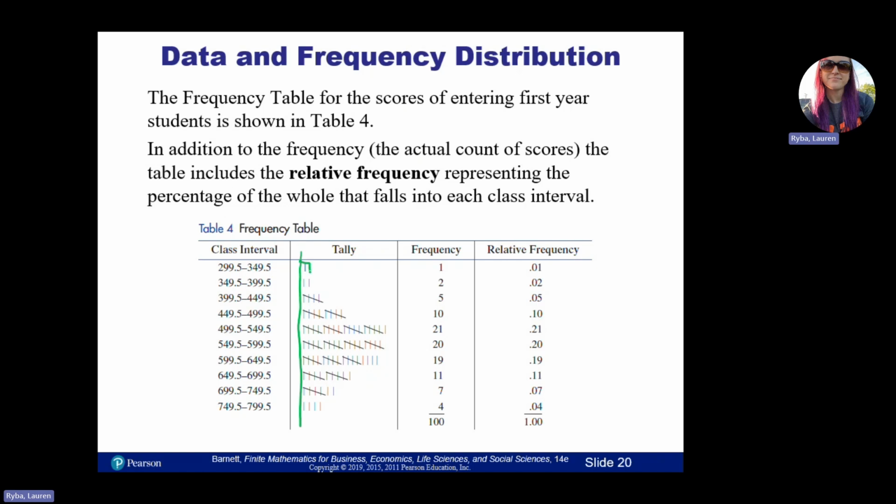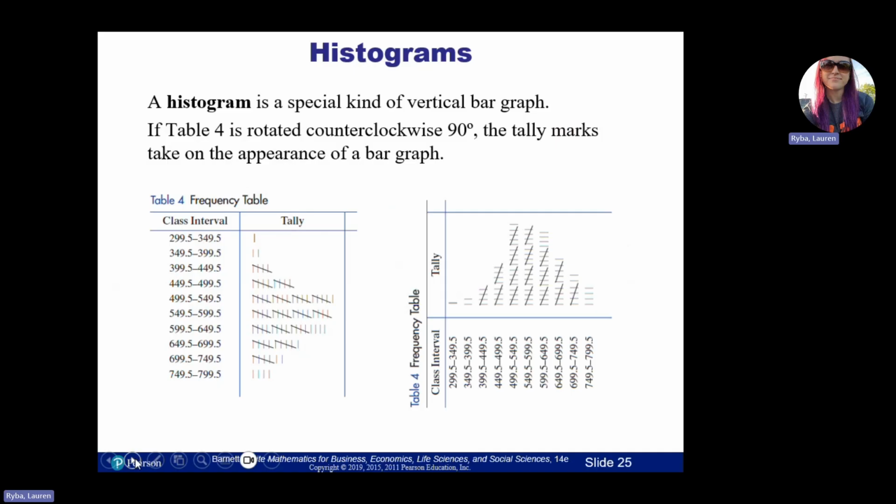So this would be a height of 5, this one's going to be a height of 10, this one's going to be a height of 21. It's literally going to make this graph rotated. So see how it turns? Your graph's going to look like that.